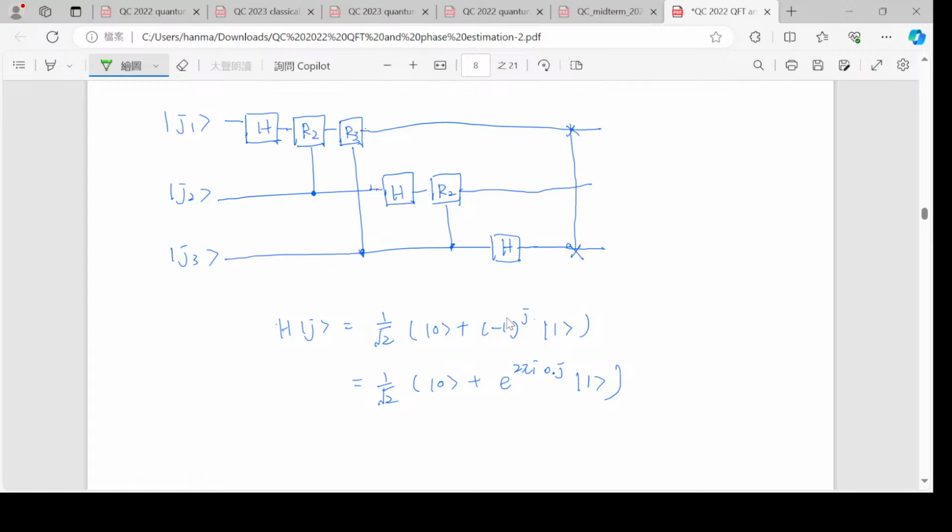And then you see (-1) to the j is e to the 2 pi i 0.j. You can verify this is true. It's because -1 is e to the 2 pi i divided by 2. So (-1) to the j is e to the 2 pi i times j divided by 2, and j divided by 2 in binary is 0.j.